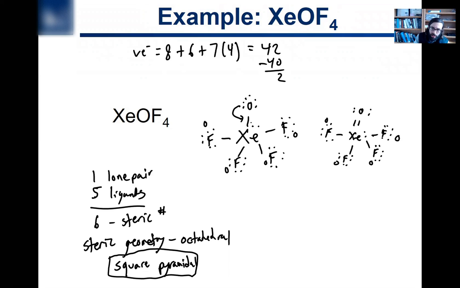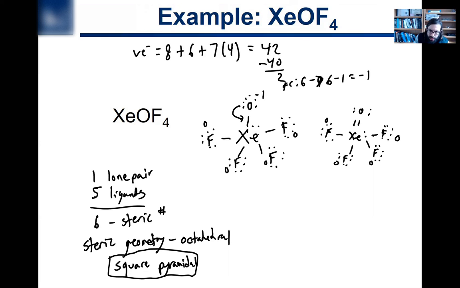Here, however, we have oxygen. Oxygen has 6 valence electrons minus 6 non-bonding electrons minus half of the bonding electrons. So minus 1, we have 1 bond. So that gets -1.